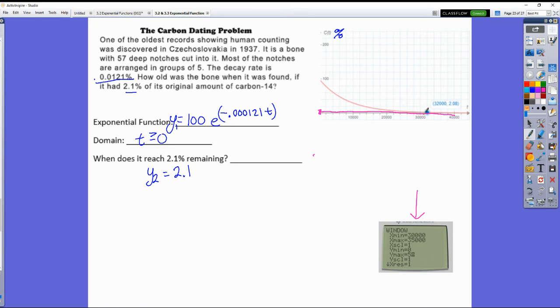So if you change your window to between 30,000 and 35,000 and from 0 to 5, you're basically going to zoom in on this point of intersection right here. Once you do that, you should get a graph with a slightly decreasing exponential curve and a line, and you want to find that point of intersection again.